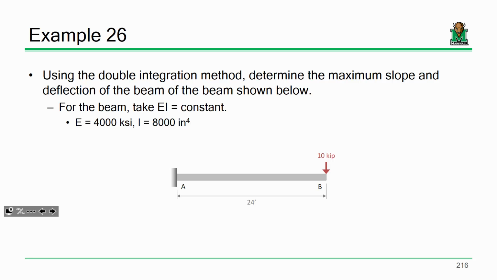And I don't want to get into those methods because it goes beyond what we need to do in here, but I will simplify them by saying this. If you had a roller right here, you would have one too many unknowns. So you have to pick one of those unknowns as a redundant. Let's say the roller is the redundant. And I solve for this structure by recognizing that if I have a roller right here, the deflection is 0.